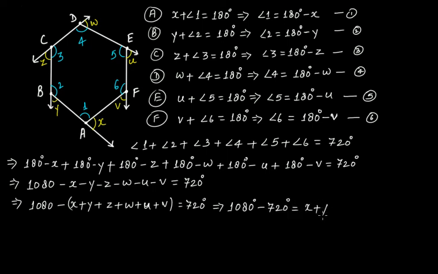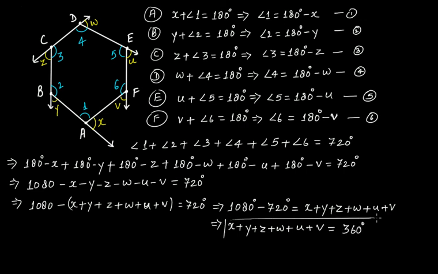This is equal to X plus Y plus Z plus W plus U plus V. So this gives you X plus Y plus Z plus W plus U plus V is equal to 360 degrees. So the sum of the external angles of the hexagon is equal to 360 degrees.